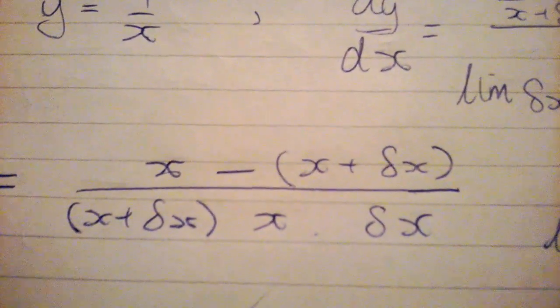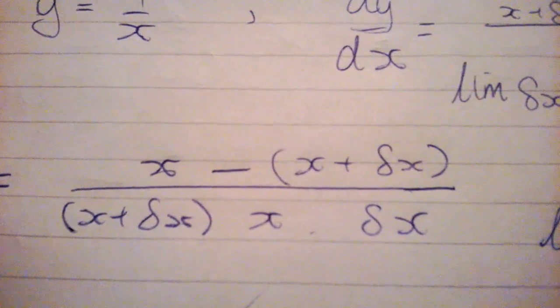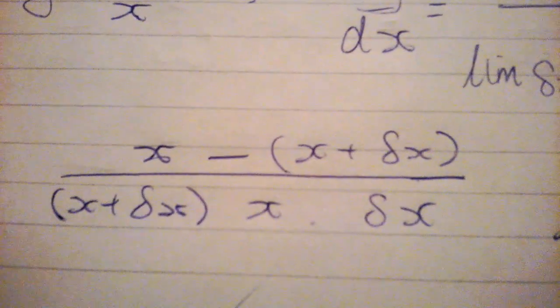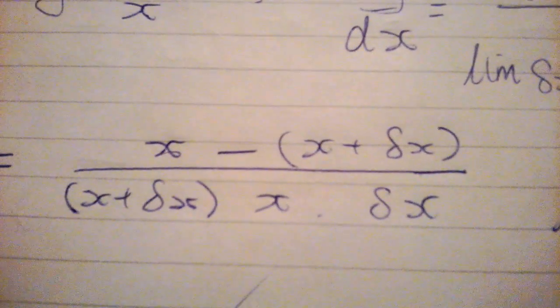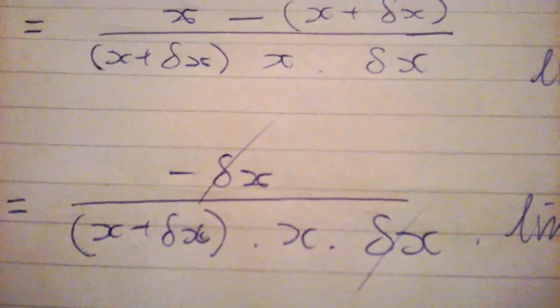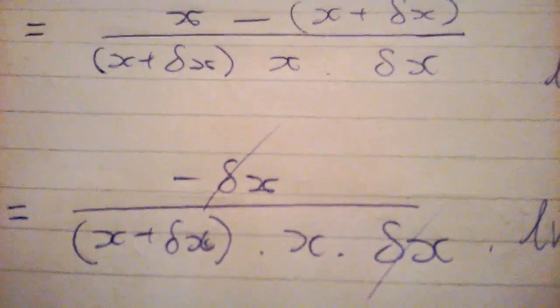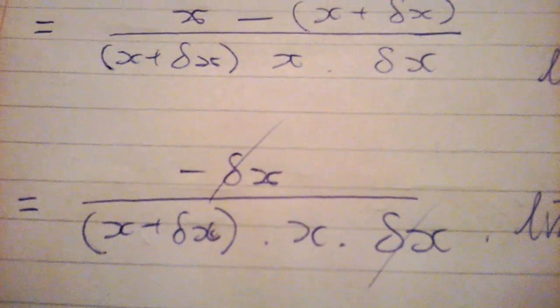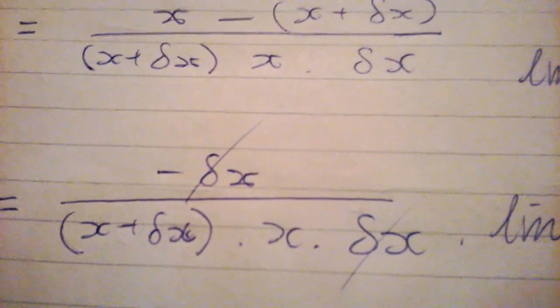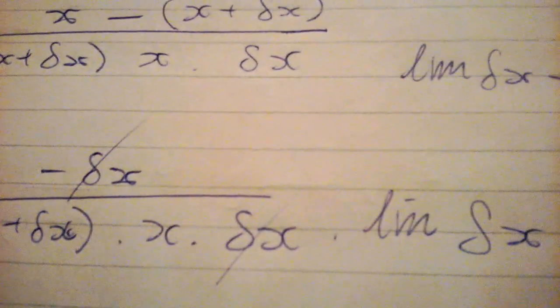When we simplify and expand this, the two x's cancel out. So on the top, you've only got the minus delta x, and on the bottom we've still got the common denominator of x plus delta x times x, times delta x, the limit as delta x tends to 0.